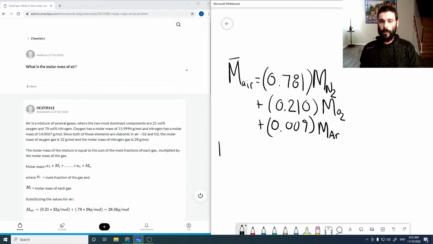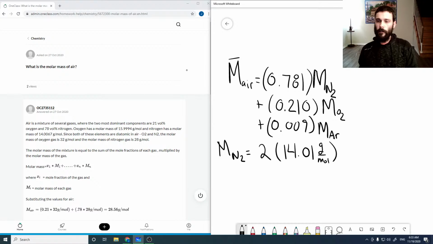The molar mass for nitrogen would just be 2 times the molar mass of a nitrogen atom, which I'm just going to use as 14.01. So that's 2 decimal places, which would be 4 significant digits.